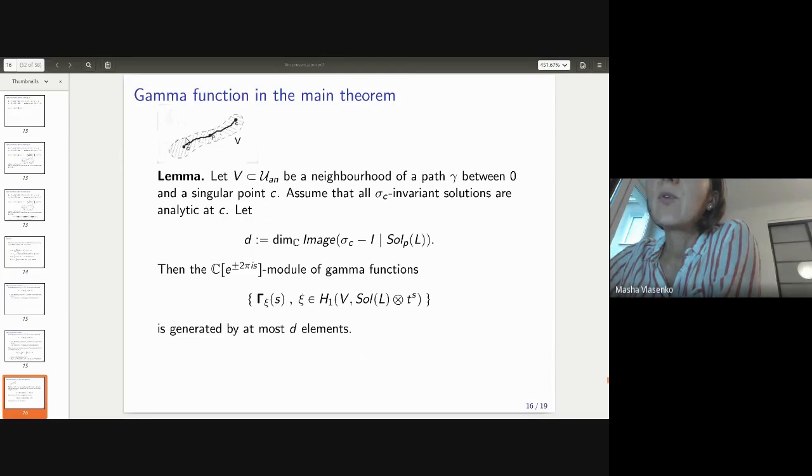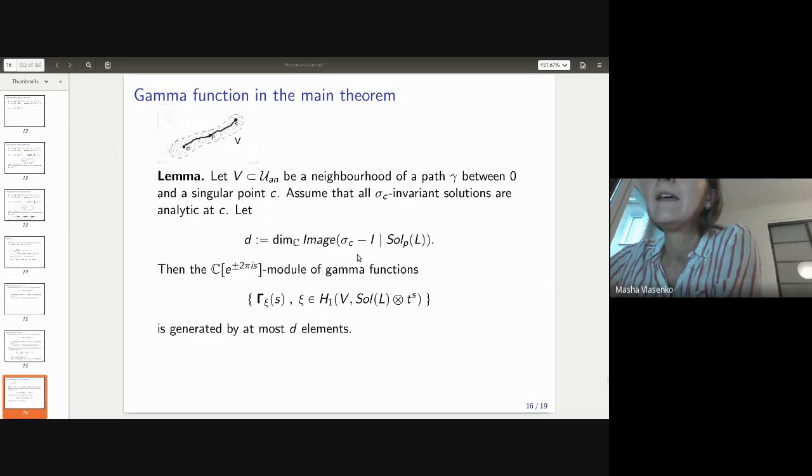Take a neighborhood of this path in the analytic topology and compute this number. This is the dimension of the image of the variation of the monodromy around c. For example, if this is a reflection point, then this d will be 1.